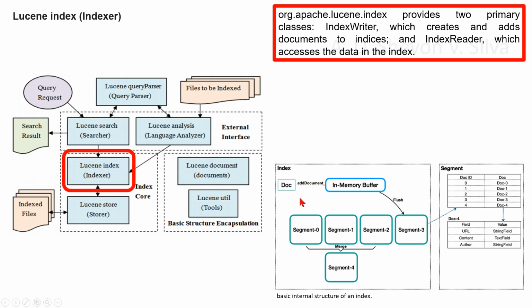A field is the smallest definable unit of data indexing in Lucene. Lucene provides many different types of field, including string field, text field, and numeric data values field.